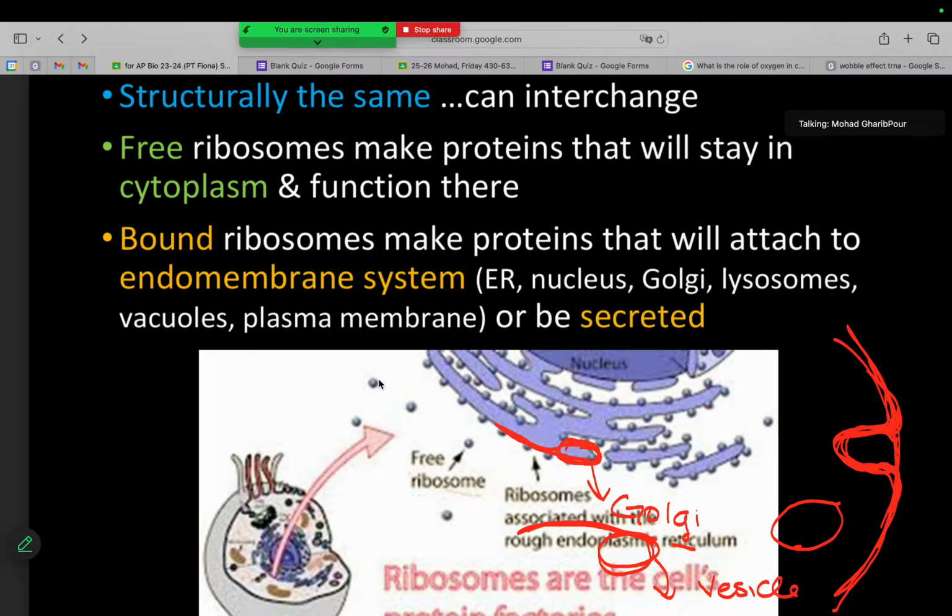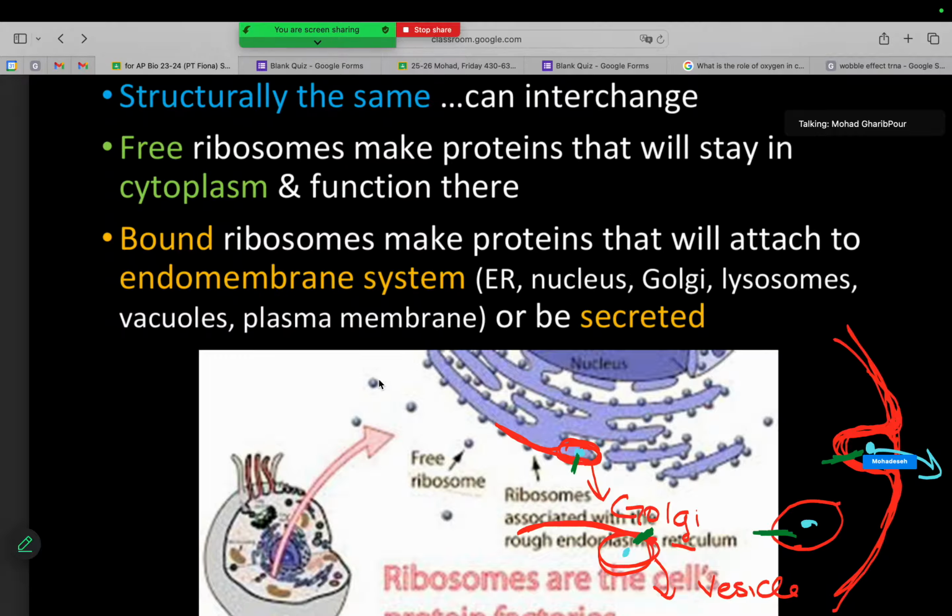It becomes part of the membrane. Okay? So the protein might either be extracellular, so it's in this space, it's being carried over here, and then it's released outside, or it could be a membrane protein, which means it is stuck to the membrane. It is integrated into the membrane.